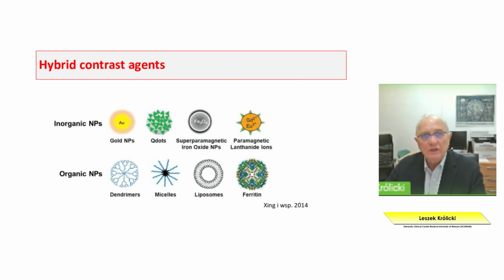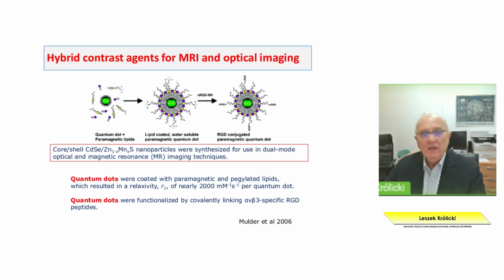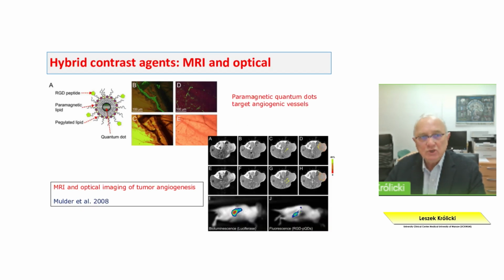I would like to also emphasize the role of contrast agents, hybrid contrast agents. The present contrast agents can be labeled using different substances, such as quantum dots that can include an element of iron and something to facilitate optic imaging.